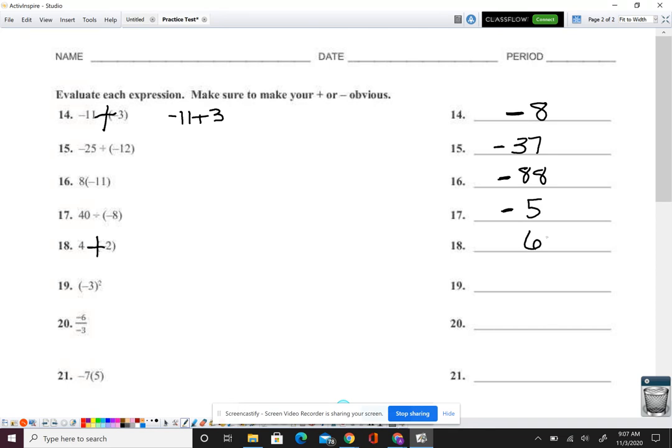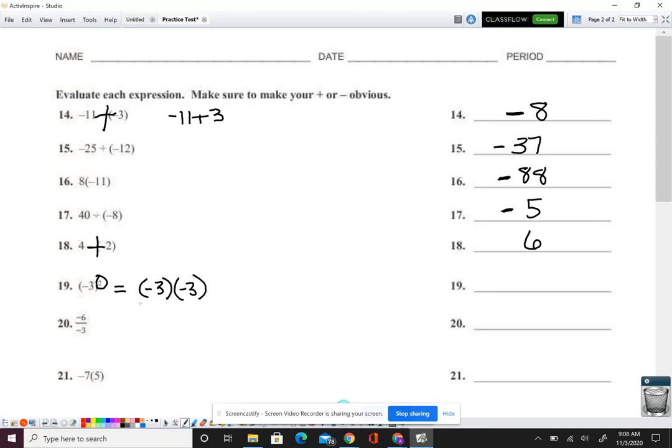Number 19 is one that I would write out, and it's called expanding it out. I'm taking a negative 3 times a negative 3. That squared there means I'm taking the number that's in the parentheses times itself. So negative 3 times a negative 3.